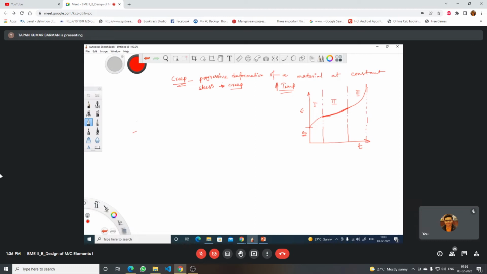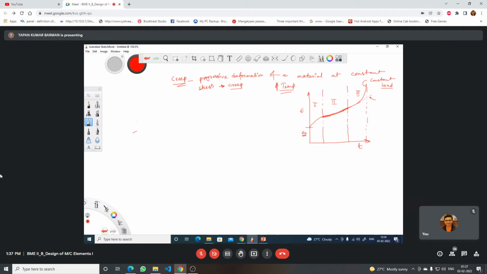Load may be constant, or sometimes we do the test based on constant stress value. So this curve is basically based on constant load. If I change this curve to constant stress, then you may find this curve like this. So this dotted one should be based on constant stress.